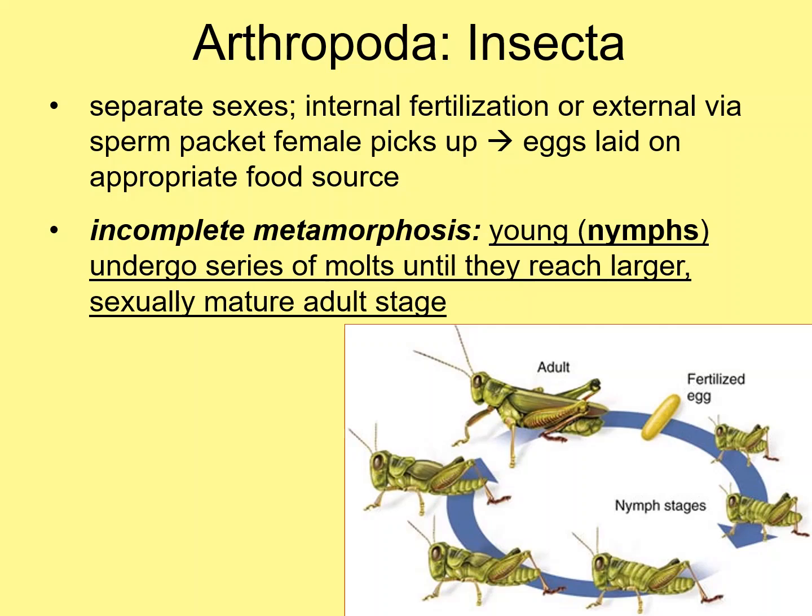So if they want to grow, they actually have to shed their exoskeleton and get larger. And so consequently, they go through a series of stages that are called, in this case, nymph stages, but also sometimes called instars. So here we've got our nymphs. This would be the first instar stage, and then this would be the second instar.